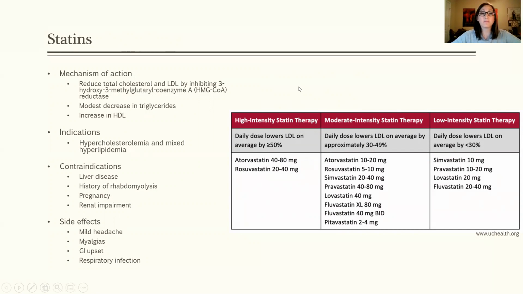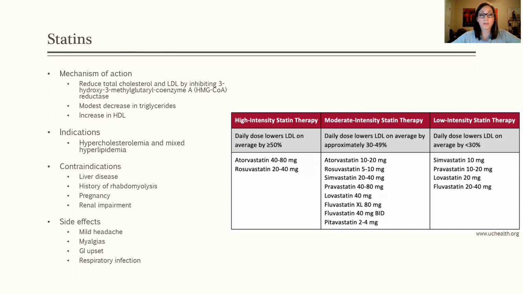The mechanism of action for statins is that they reduce the total cholesterol and LDL by inhibiting 3-hydroxy-3-methylglutaryl coenzyme A reductase. It results in a modest decrease in triglycerides as well as an increase in HDL. And indications for this, of course, are hypercholesterolemia and mixed hyperlipidemia.